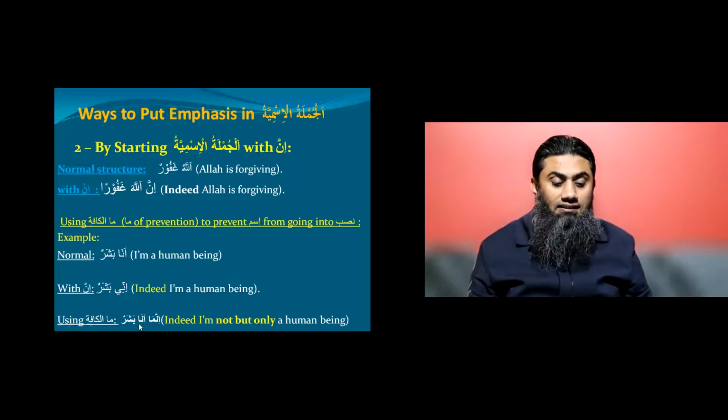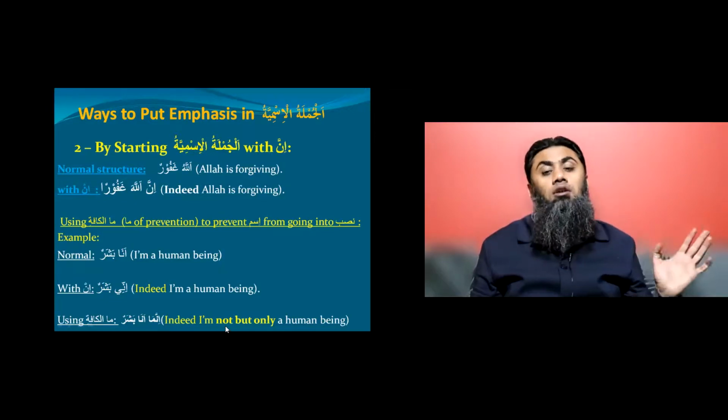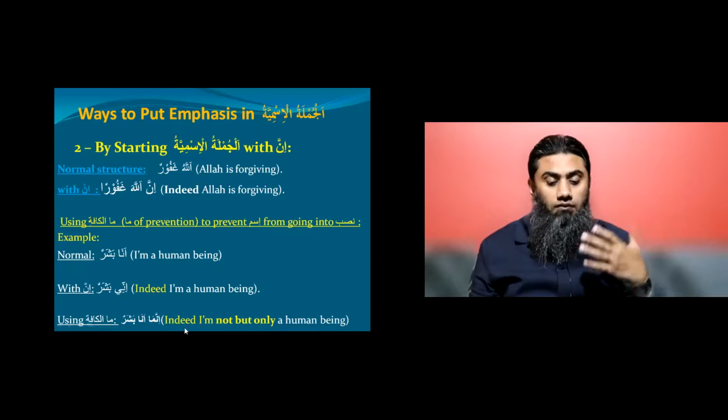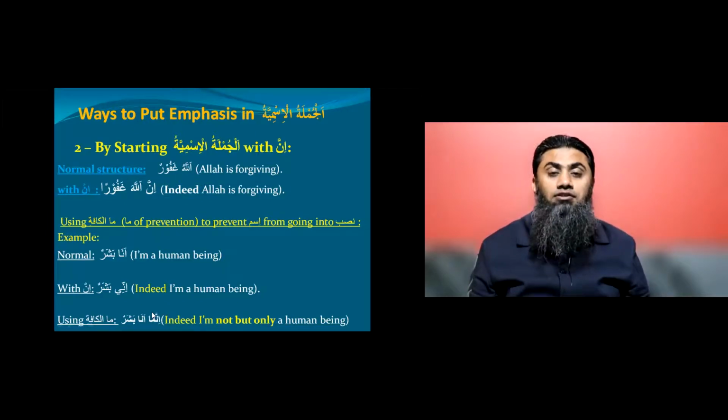And then the rest of the sentence is the same as it was. Innama ana basharun. As you see now, ana remained ana. It did not become ni as it happened in this case. And now the translation is, indeed I am not but a human being. It has become more emphatic. Why? Because of this extra ma structure.